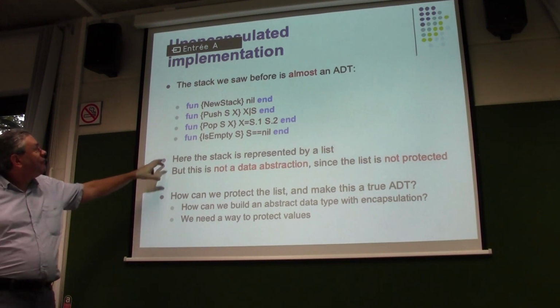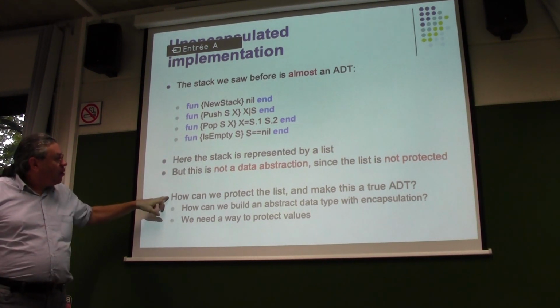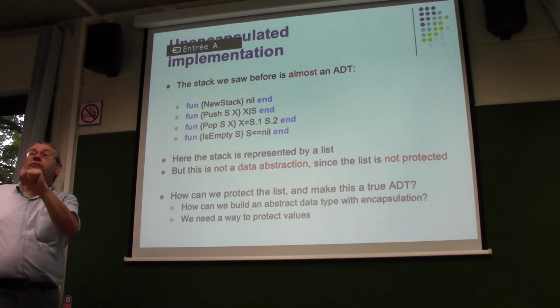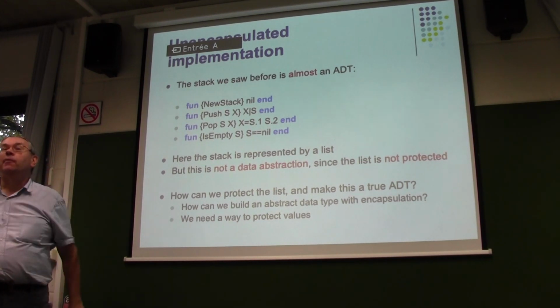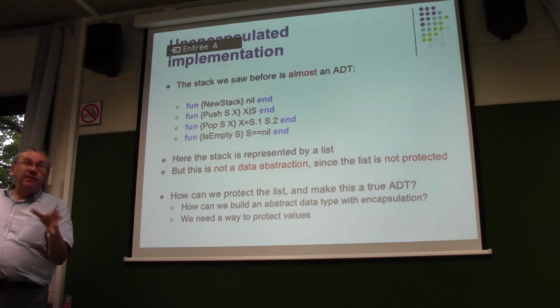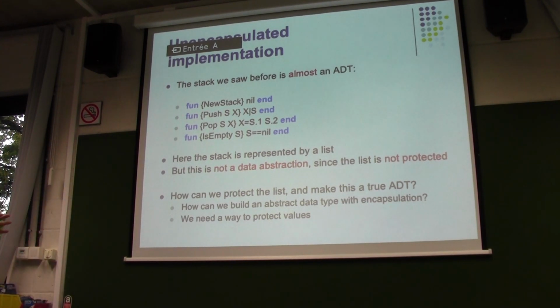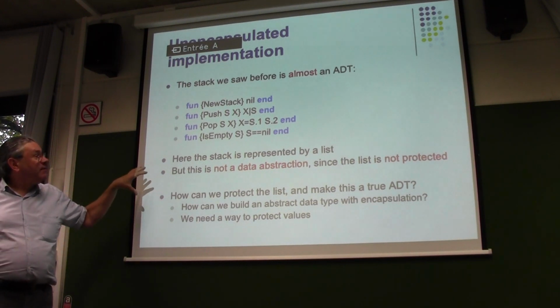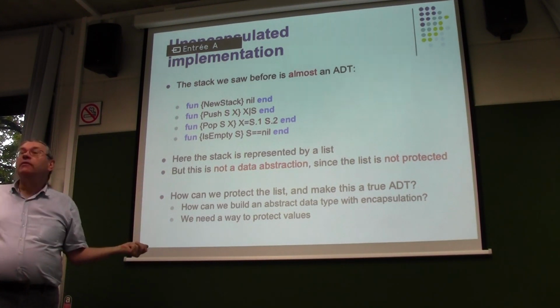We want to define a new one. In a language like Java, the integers 1, 2, 3 are true abstract data types because you cannot look inside them, but they're built in by the language. Now we want to define a new abstract data type and protect it.